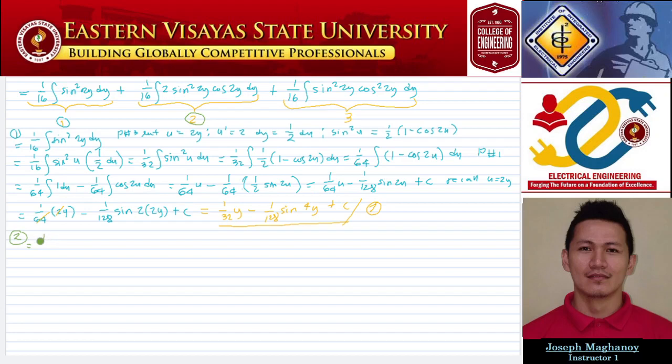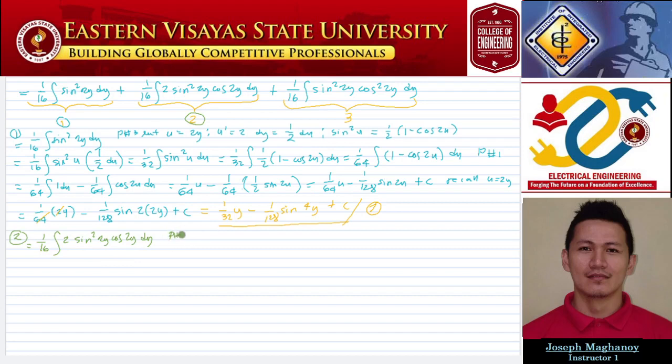So let's copy our term number 2, that is 1 over 16 integral 2 sine squared 2y cosine 2y dy. So what are we going to do with this? Same with our term number 1, you can use correction factor. Let's use sine 2y as our correction factor.